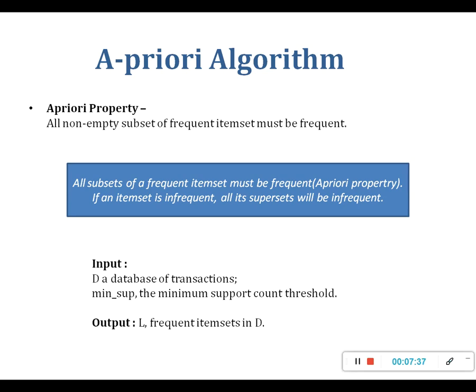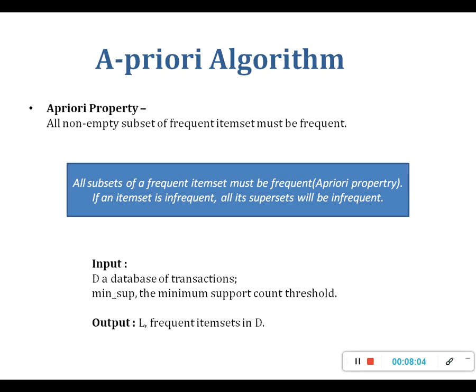What are the input and the output is given. D is nothing but our database of transactions that we are always considering, the basic database or source that we are provided with. And many times the minimum support count is provided. That minimum support count will decide which item set is going to be considered frequent and which are not.